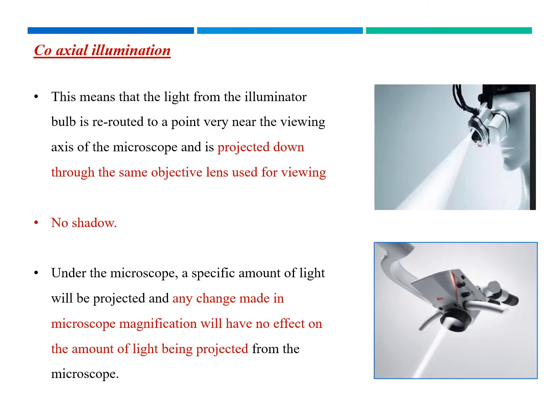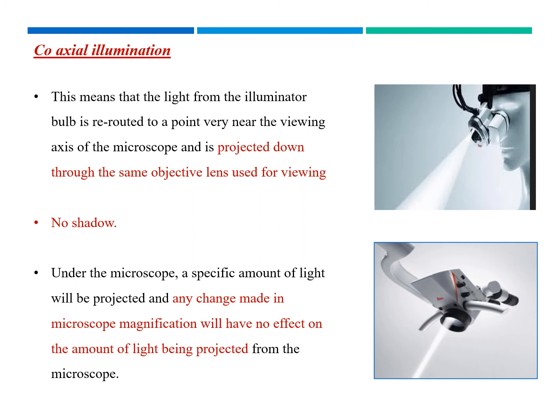Coaxial illumination is basically illumination that is projected down through the same objective lens which is used for viewing, and there is no shadow that is created. The simple way to explain it is that it basically moves with you, which means there is no shadow created because of any other object unless you block the light with your own hand or instrument.